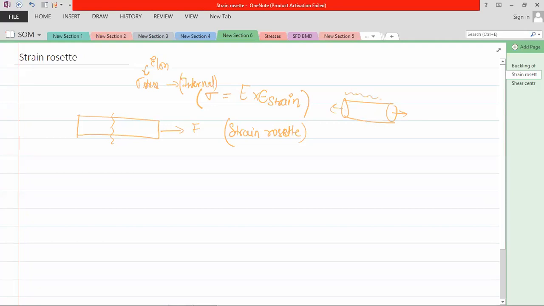You can see the elongation, but you don't know the internal stress. If you multiply the Young's modulus with the strain, you can get the stress in the body. That means the measured quantity is strain, and the stress is obtained from the equation.